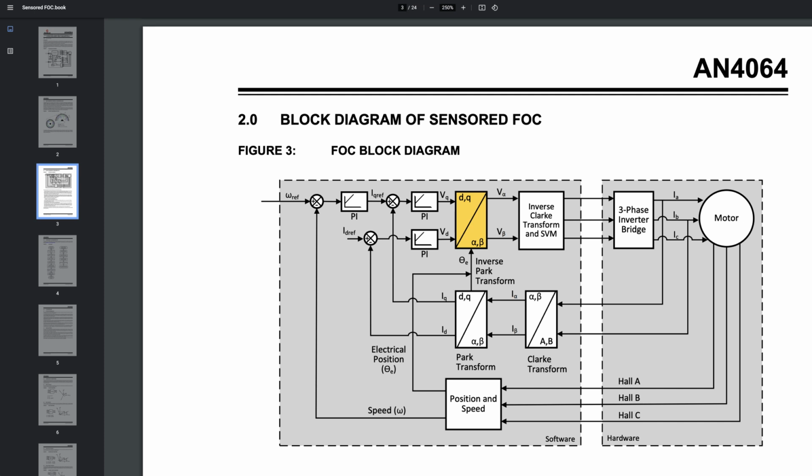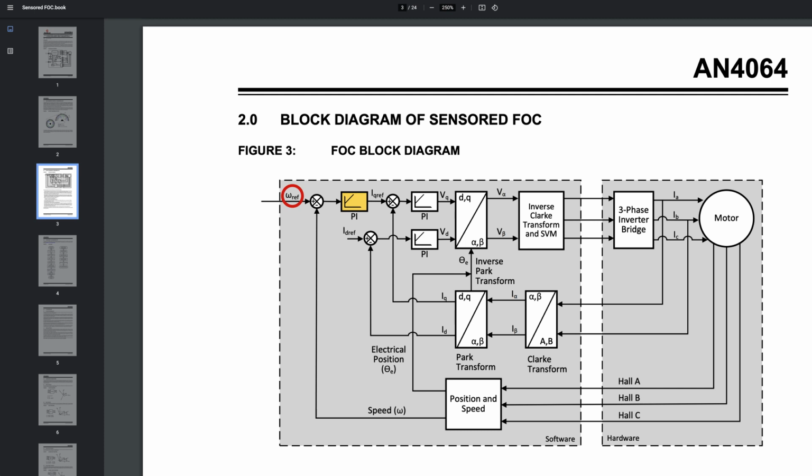They are now transformed back into a two-axis stationary system, V alpha and V beta, which are eventually fed into SVM and inverse Clarke transform to make sure they are interpreted into appropriate PWM signals, which are then given to the inverter of the motor to drive or energize the stator. So this is how the whole loop works for this control algorithm.